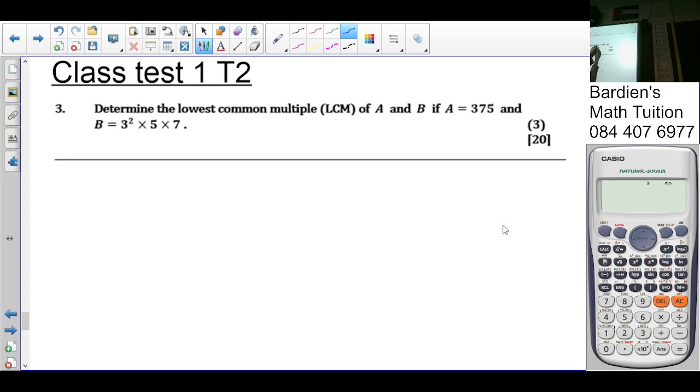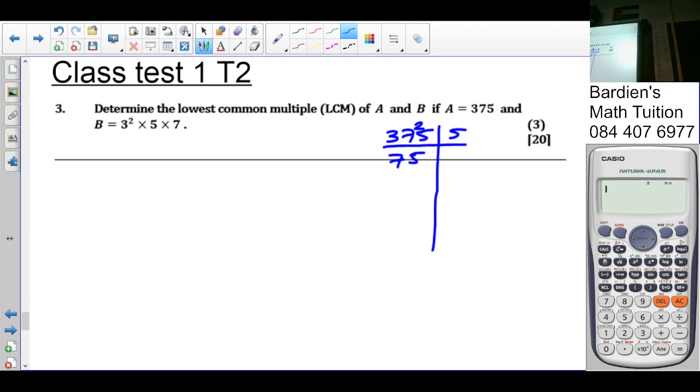So A, you see that B is already written as products of its prime factors. So what I need to do is write A in products of its prime factors, which is 375. This is also the ladder method, no? So what is the smallest prime number that goes into 375? It's probably 3. Okay, 5. You can see 5 can go in. So 5 goes into 35, 7 times carry 2, so it's 75.